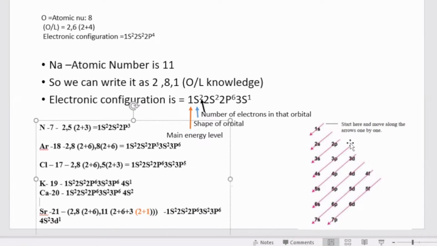Please see this arrangement first. First 1s will be filled, then 2s, then 2p, then 3s, then 3p. After filling 3p, then 4s, not 3d, it's 4s. 4s can occupy 2 electrons, then 3d 1.